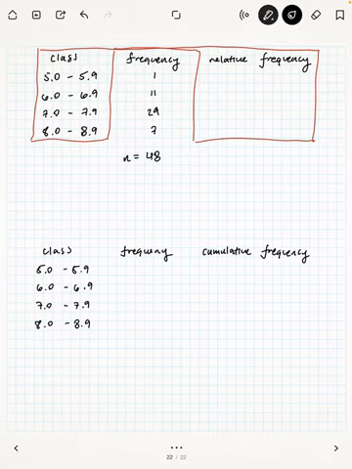So what we'll do then, every relative frequency is computed as the frequency divided by the total number of data points, the sample size. So the first one is 1 divided by 48, 1 over 48. And you can express them as fractions if you want, but oftentimes we represent them as decimal numbers, which is easier on the eyes.